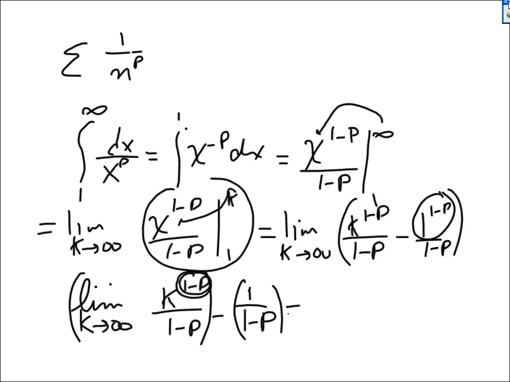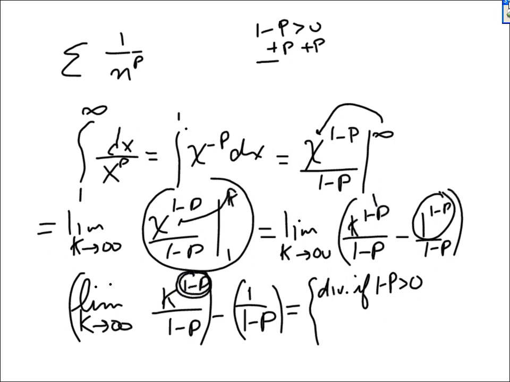Okay, this diverges if 1 minus p is bigger than 0. Let me just come to the top for a moment. If 1 minus p is bigger than 0, add p to both sides. That says that 1 is bigger than p. So p is less than 1. If p is less than 1, it diverges.